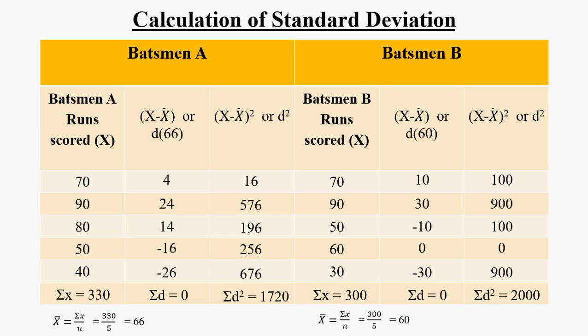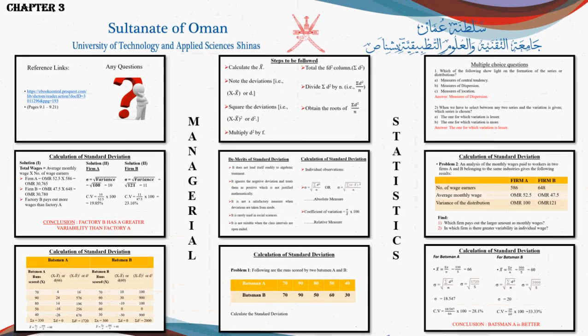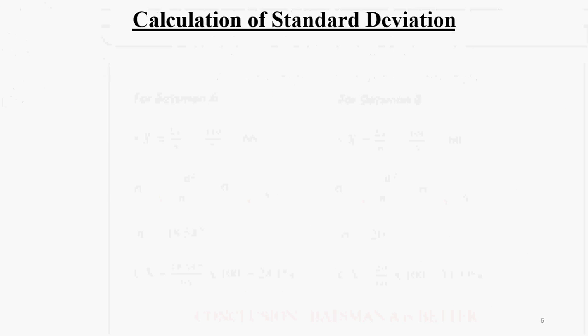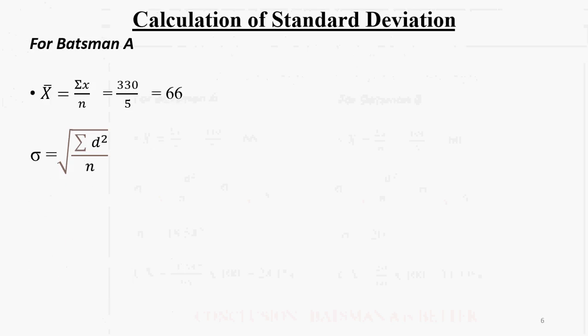Now let us calculate with the available results to proceed for standard deviation. So for batsman A, we calculated the mean, we know it is 66. And we need to calculate standard deviation, square root of sigma d square by n. So sigma d square we know 1720 divided by 5.